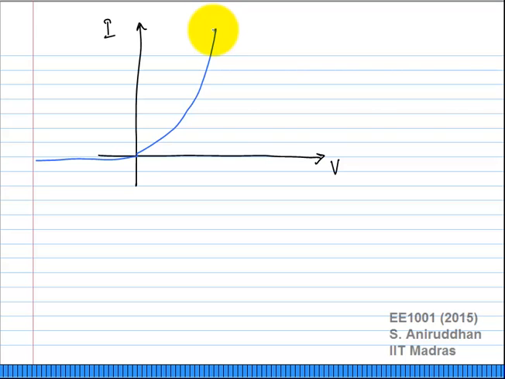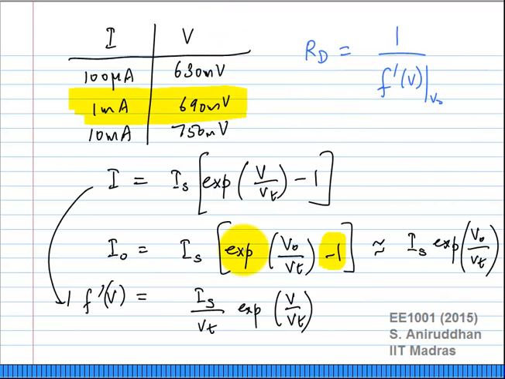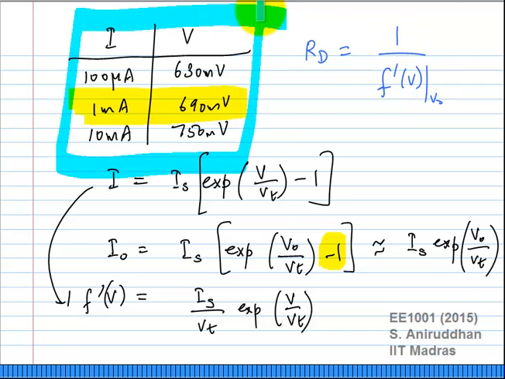So as it turns out, you go back to this table. Do you see anything weird about this table? The current is changing by 2 orders of magnitude, but the voltage is changing by very, very little.